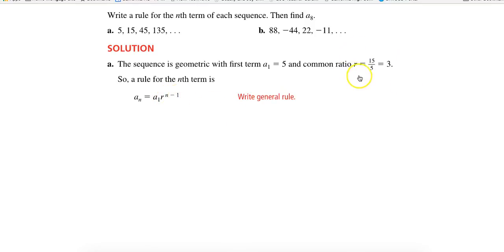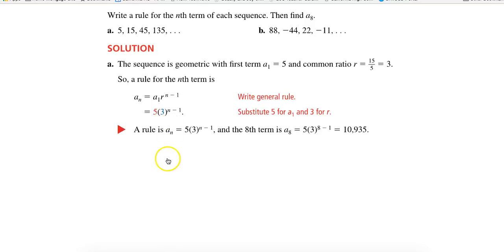So we know our ratio is 3 by just taking a term and dividing it by the one before it. So r equals 3, and our first term right here is 5. So we simply substitute for a1, and we substitute for r. So we get 5 times 3 to the n minus 1 power.